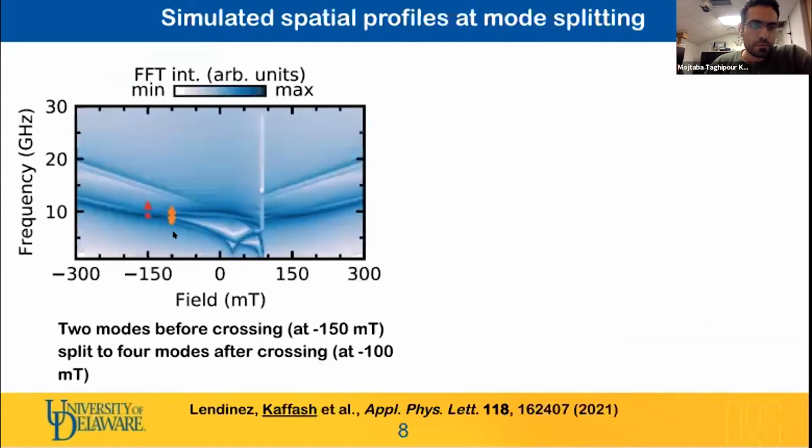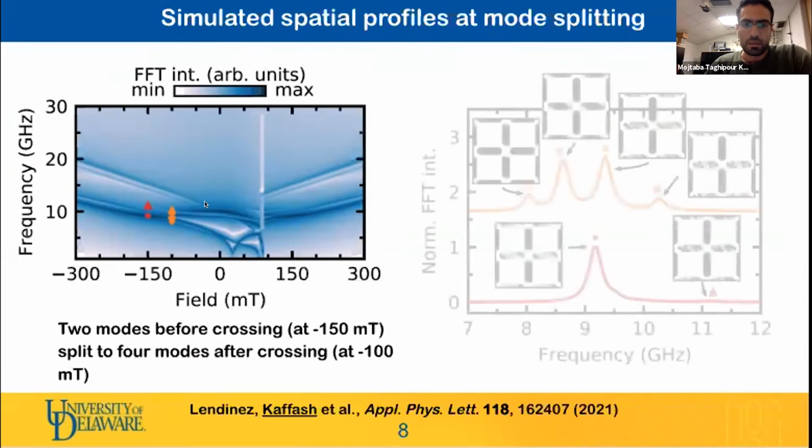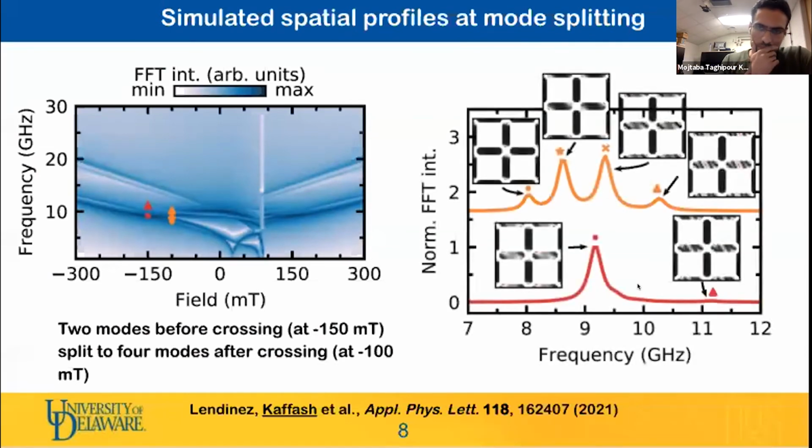So I'm going to focus on this field and frequency region. And the beauty of the micromagnetics is that we can take a look at the 2D profiles, from which we see where the element dynamics are located, like this one here.